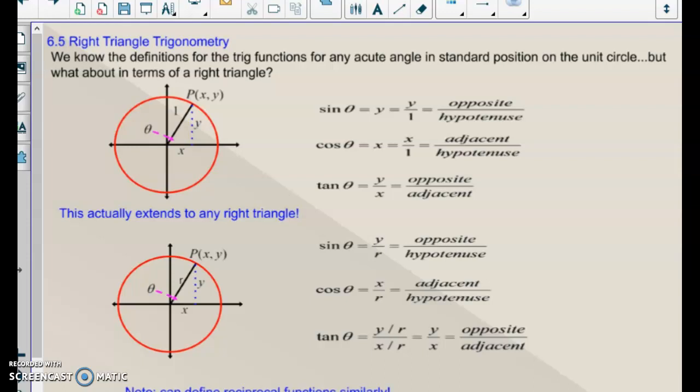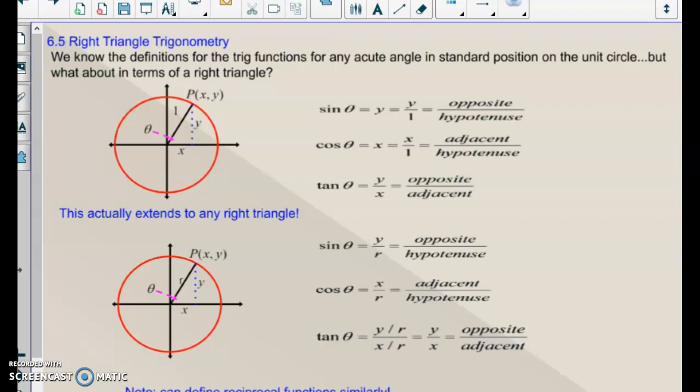We are in section 5 of chapter 6, and we're going to start talking about right triangle trigonometry. We know the definitions of trig functions for any acute angle in standard position on the unit circle, but what about in terms of a right triangle?